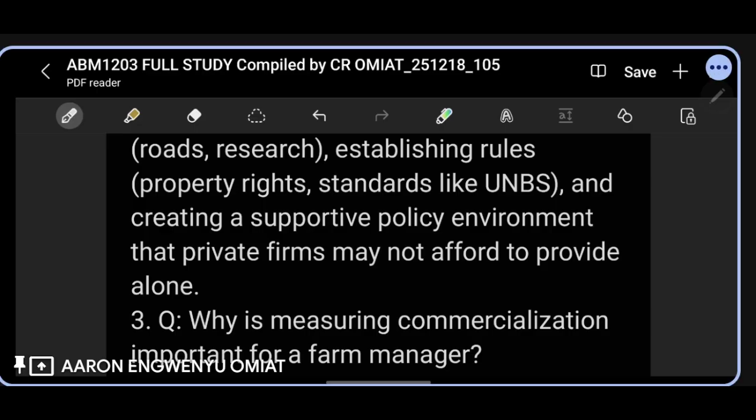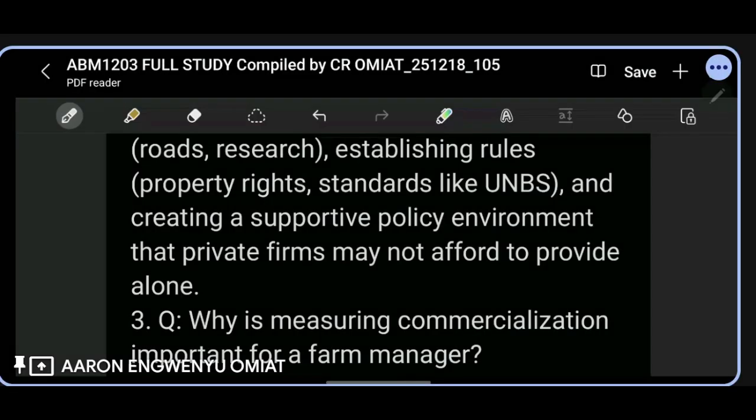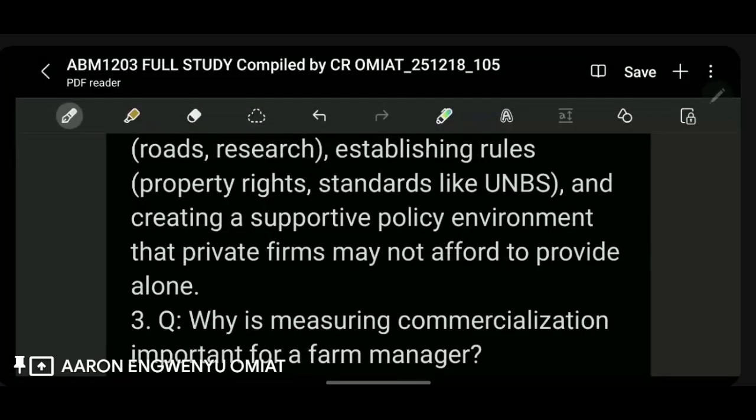It is because commercialization is more profitable than subsistence.